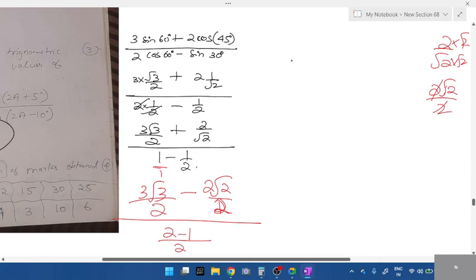Then, if denominator is same, 2 minus 1 is 4. What did you say, Lima? Okay. Denominator is same, so I told you numerator also will not change. 3 root 3 minus 2 root, divided by 2 minus 1 is what?